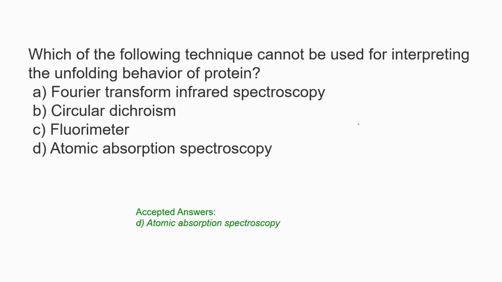So whether the protein is folded or unfolded, the elements are not going to change. So atomic absorption spectroscopy won't be able to tell us about this unfolding behavior of the protein.